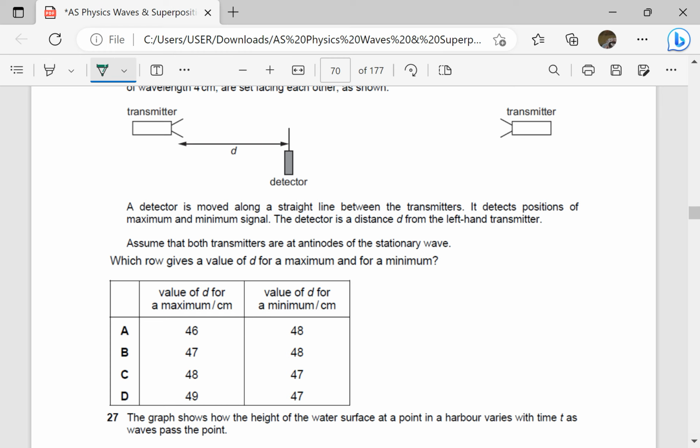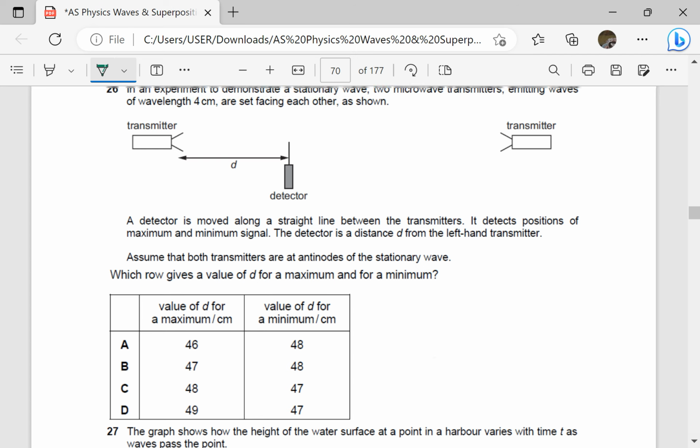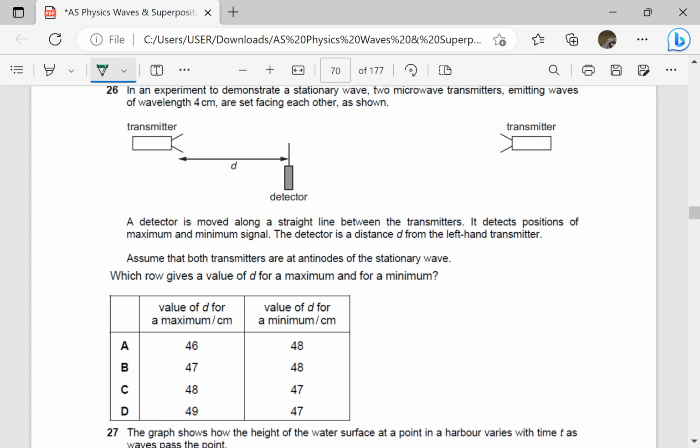Assume that both transmitters are at antinodes of the stationary wave. Which row gives a value of d for a maximum and for a minimum?